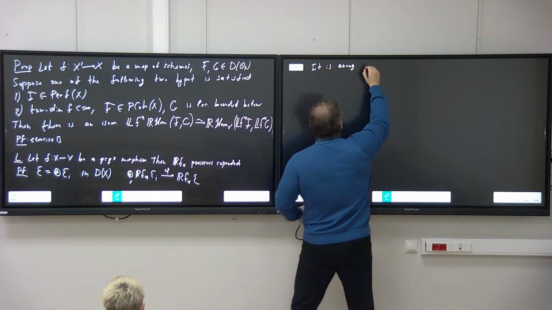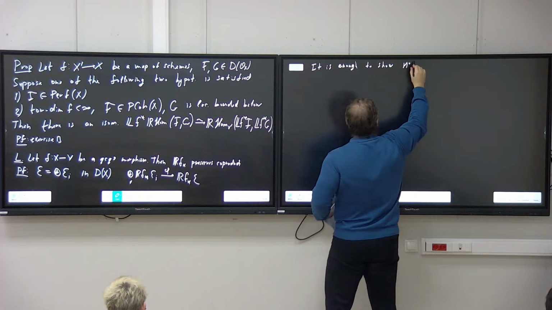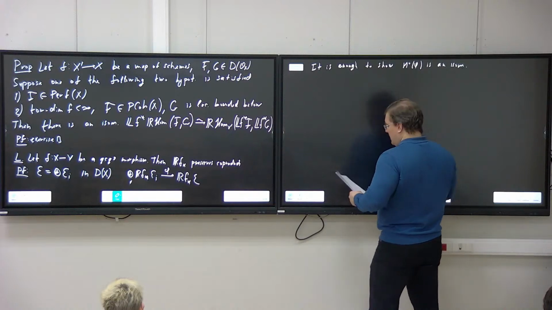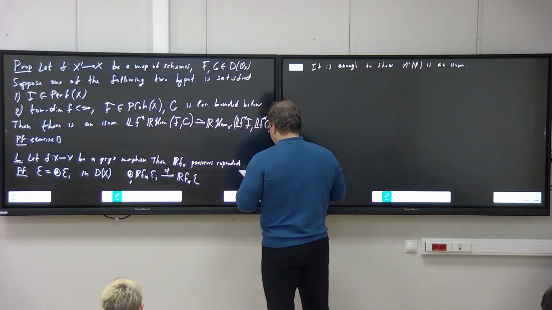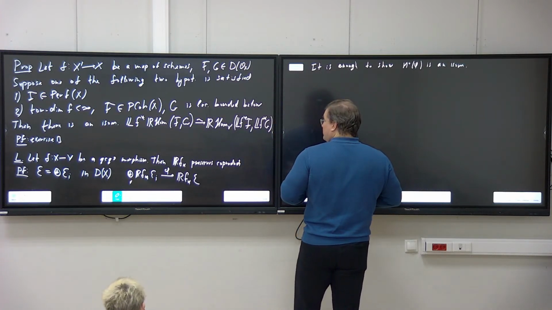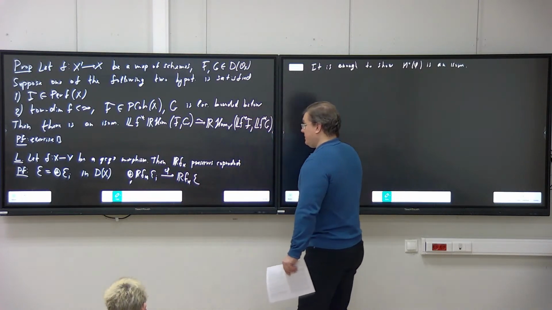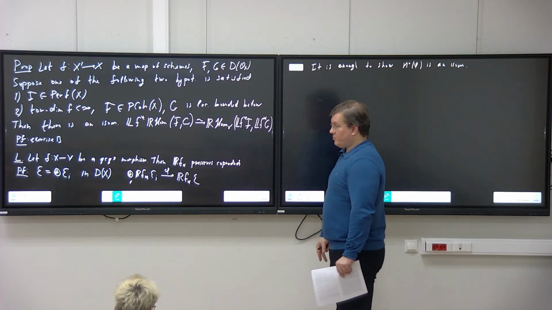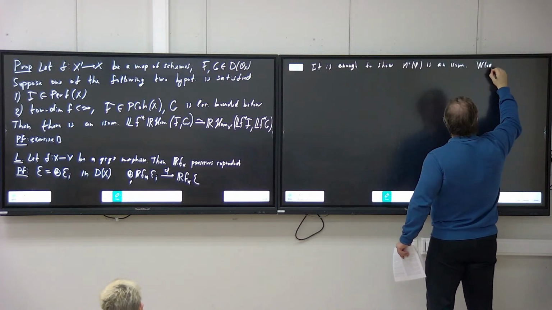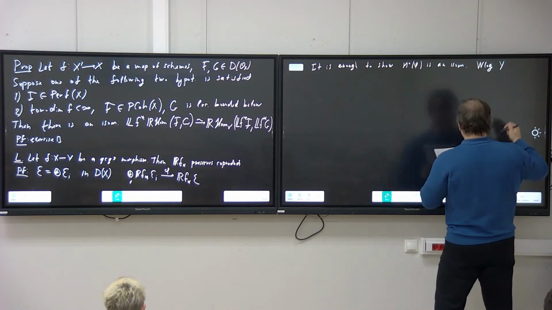So it's enough to show that H0 of phi is an isomorphism. And also, that's a map on the scheme Y, and being an isomorphism is a local property. So without loss of generality, since we're checking a local property, Y is affine.